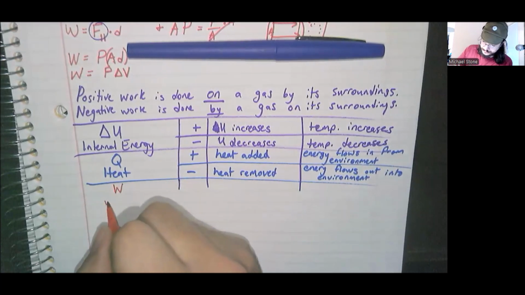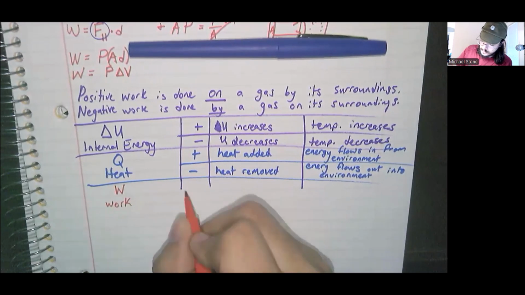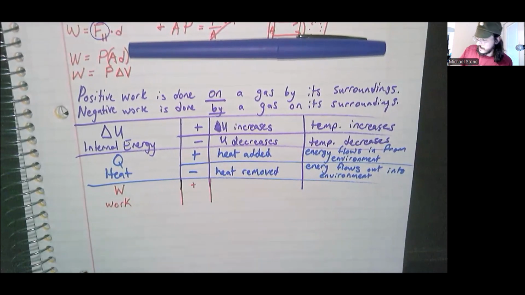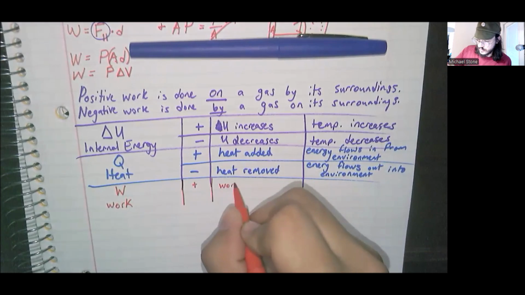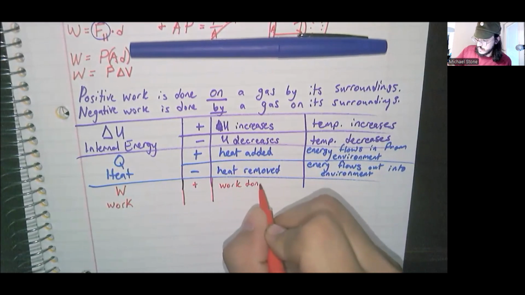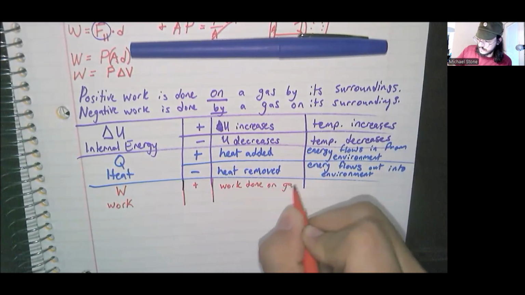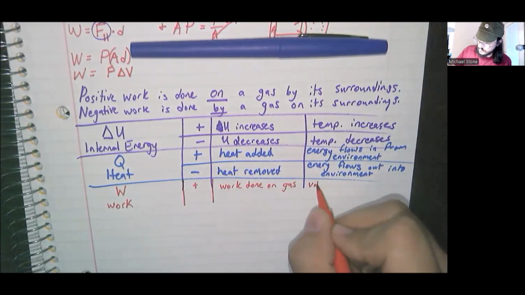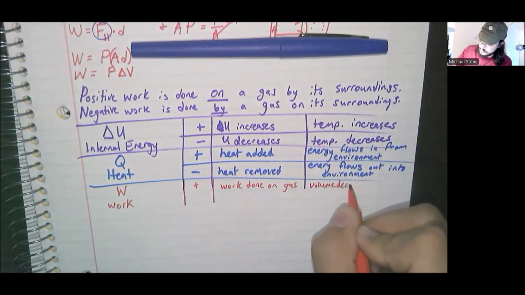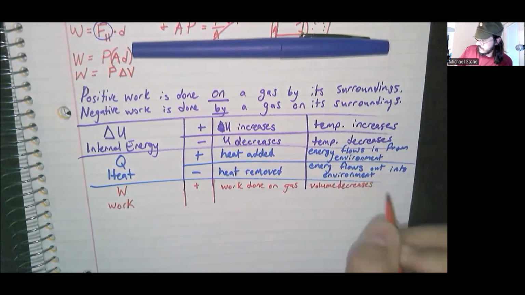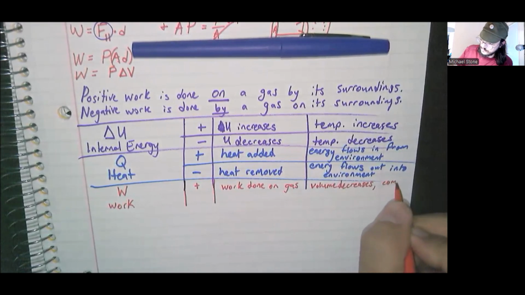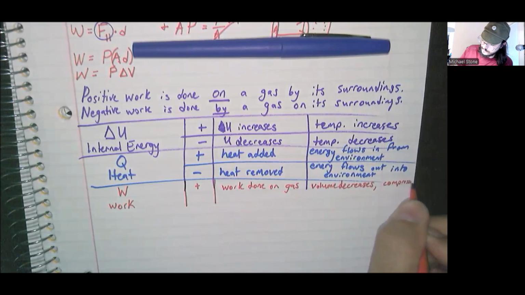W for work. If work is positive, work is done on a gas. Your volume decreases and your gas is compressed.